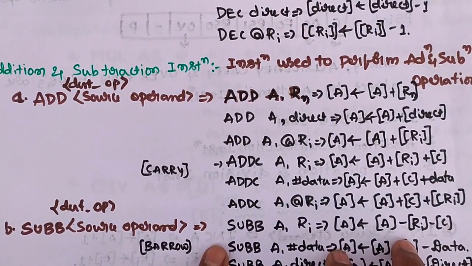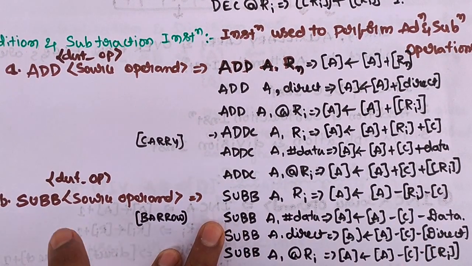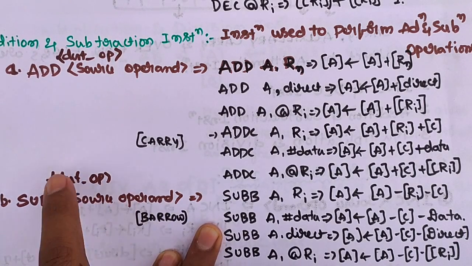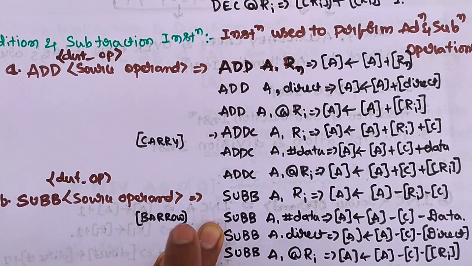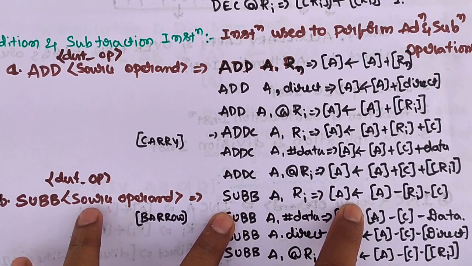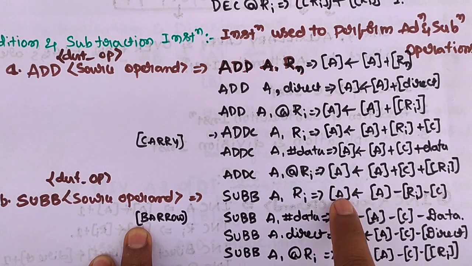Similarly for the subtraction operation, we use the SUBB instruction with a destination operand and source operand. These two will be subtracted and the result will be stored in the accumulator. And one thing we need to notice is the borrow. If the subtraction requires any borrow, that will also be subtracted from the accumulator.